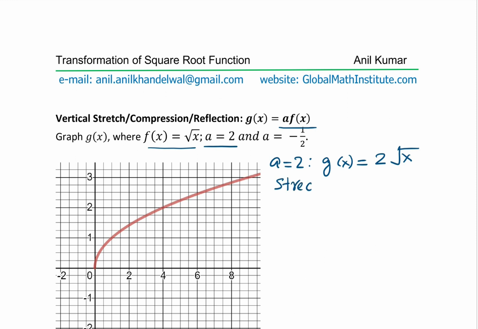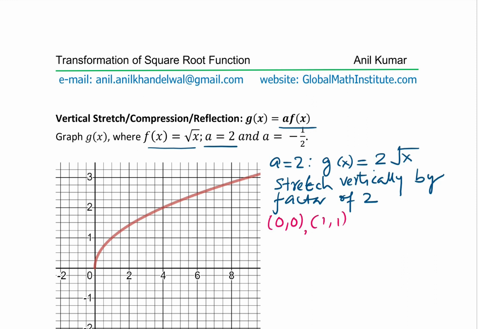So we'll write this: vertically by factor of 2. That really means that if you're considering the original points, which are (0, 0), (1, 1), (4, 2), and (9, 3), in that case, the new image points will be, the y values will be multiplied by 2.